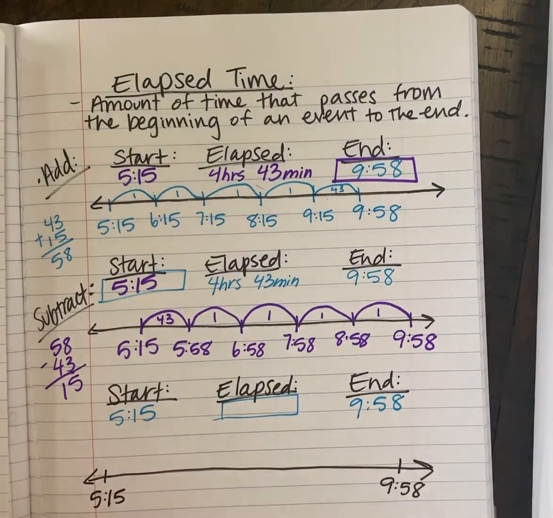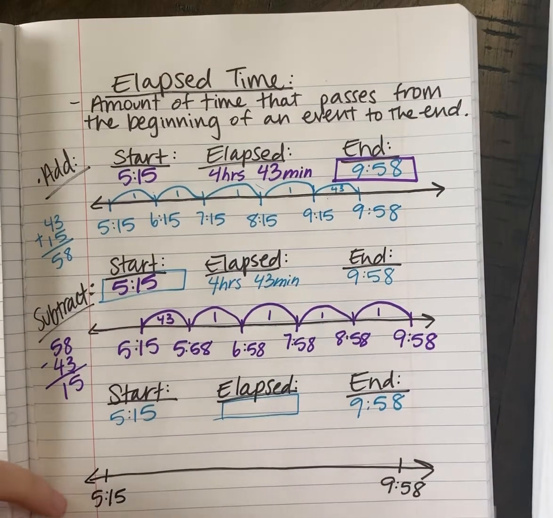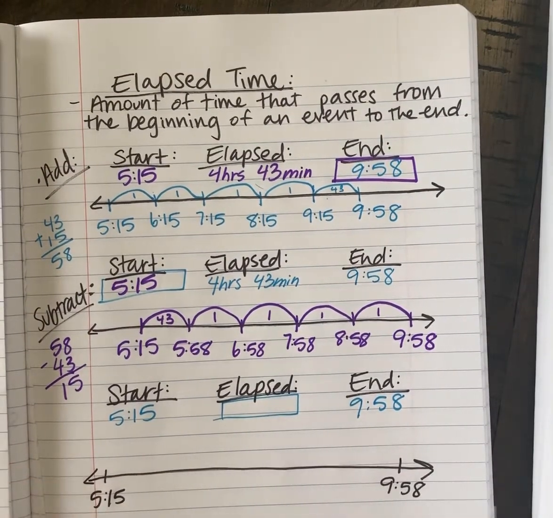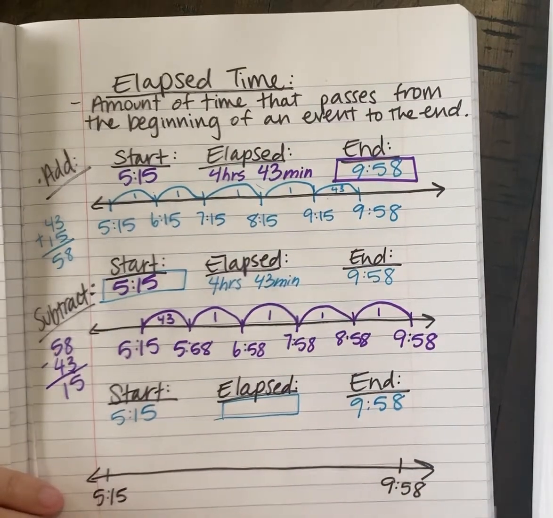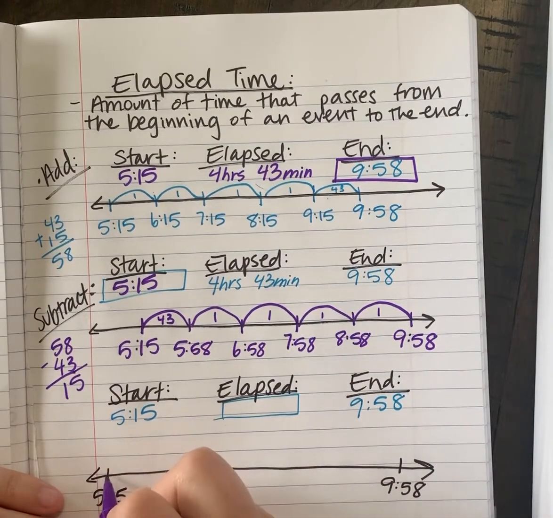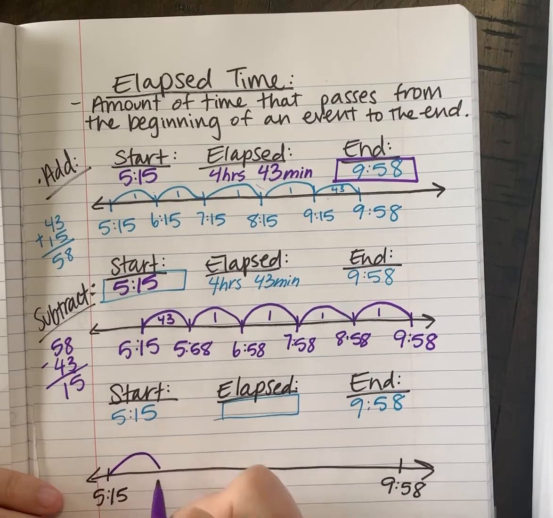In this case, I just like to add more than I like to subtract, so I'm going to go ahead and add up. You, of course, could subtract if you're going backwards. I'm going to keep jumping until I get close by hours. So I'm going to go 5:15, jump 1 hour.